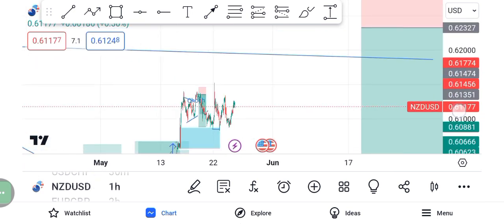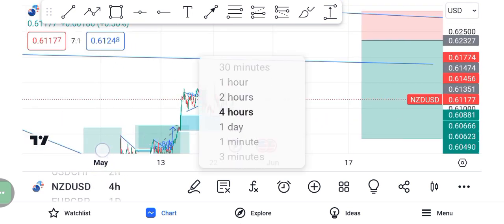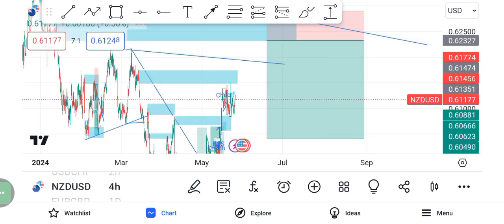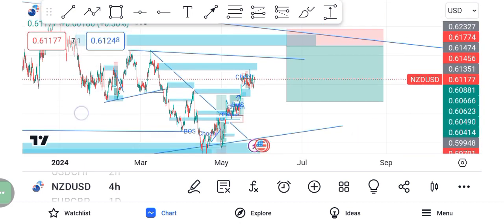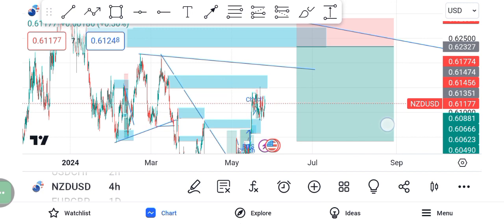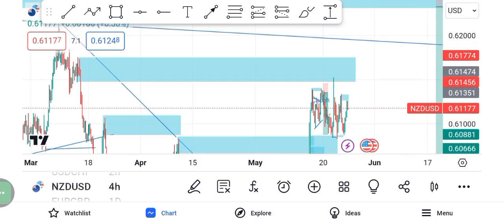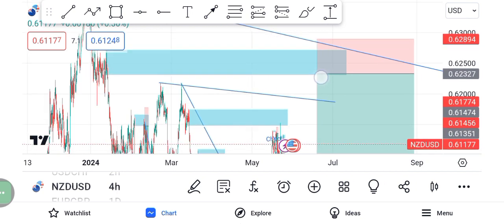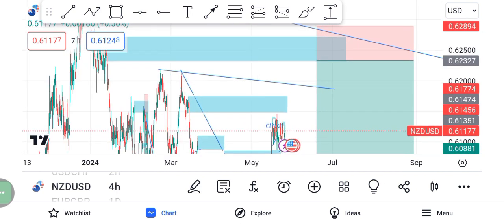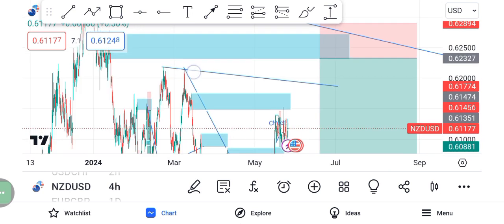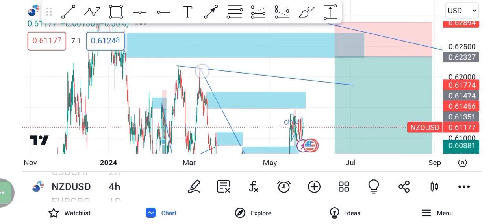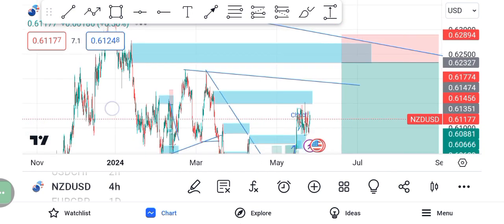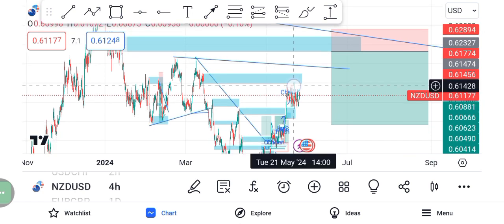NZD USD, 4 hours. This one still has a long way to go. I don't want to take a trade from this order block because I know that this other order block is more valid. It has liquidity, it has inducement up here, so it's going to be more valid than this one.